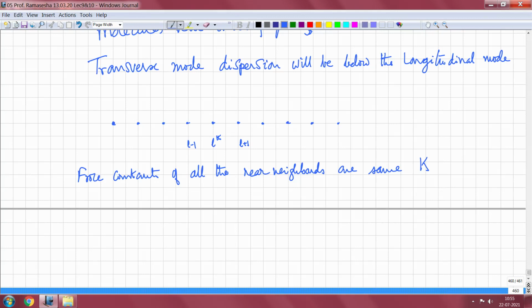So now the displacements at this site is UL minus 1, at this site is UL, and at this site is UL plus 1.